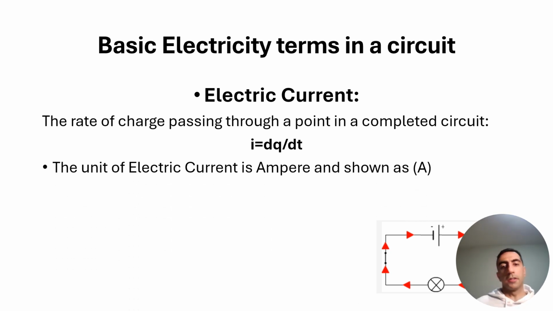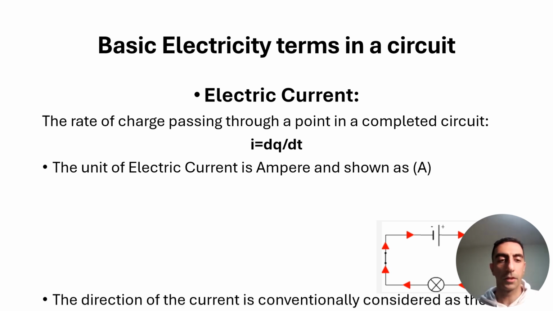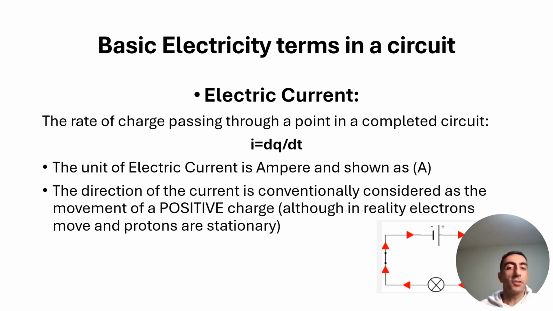The unit of electric current is the ampere, and it's shown as capital A. And the direction of current is one of the challenging concepts in electrical engineering. So we have a conventional direction, which is the movement of positive charge.